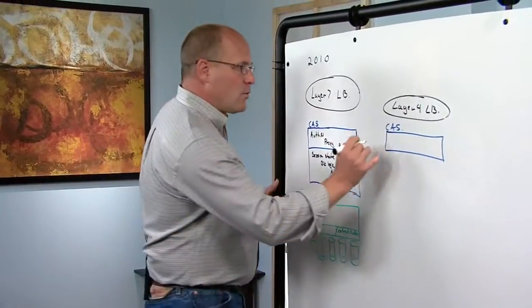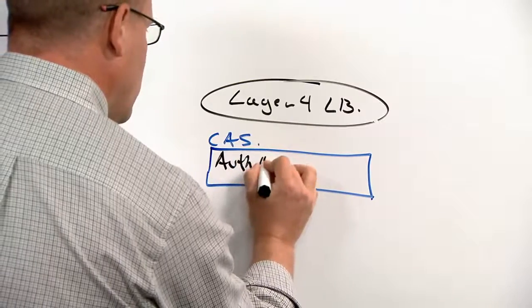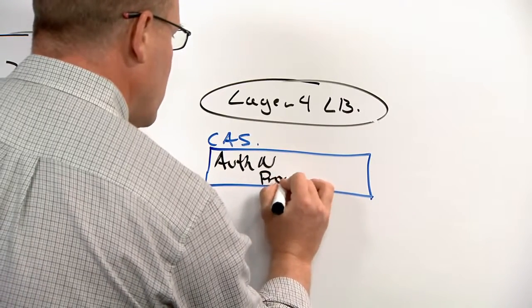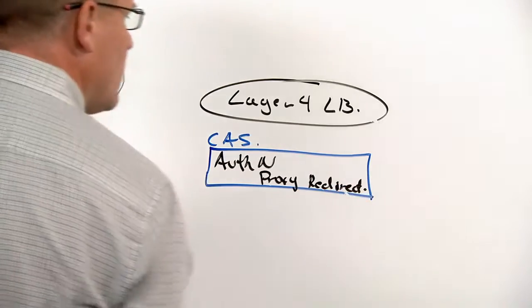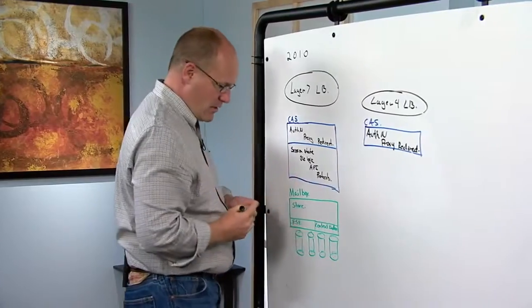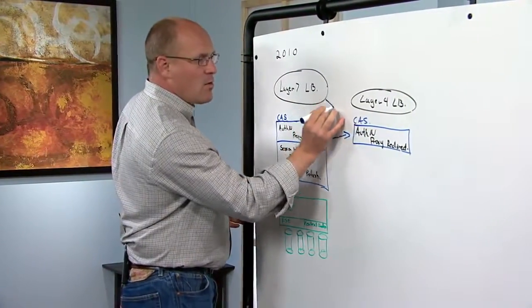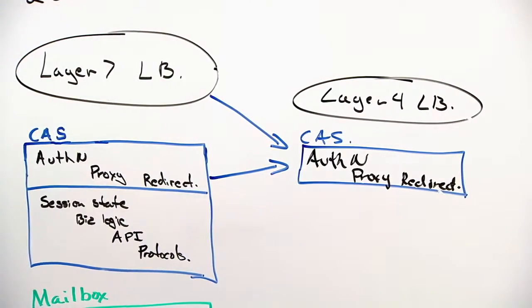So we split the CAS server logic and just restricted ourselves to the auth, proxy, and redirect functions. You can sort of think of it as we have split this logic here, but now it is this CAS server that's going to do that session affinity work.